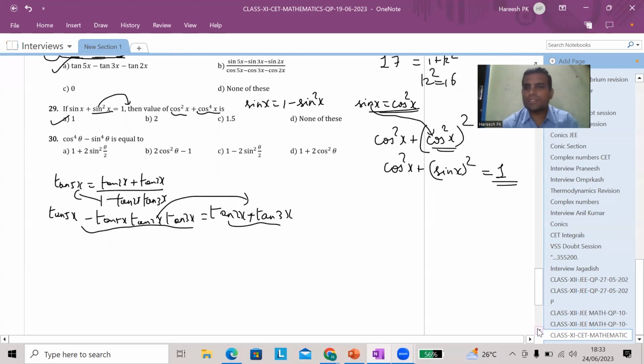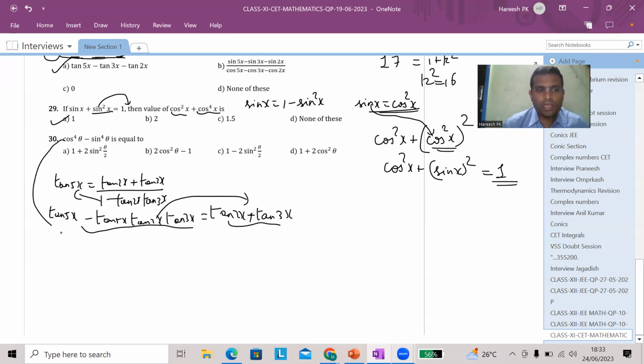30th one, our last question in the CET paper. Whenever you see these type of questions, start with a square minus b square. So this is of the form a square minus b square. Can write it as a plus b into a minus b.